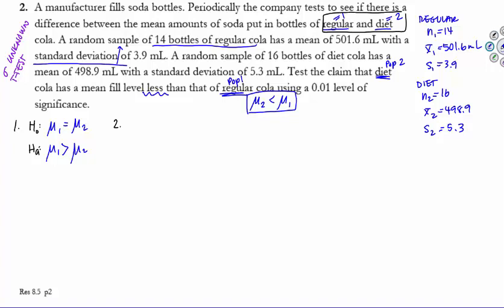Second thing to do is calculate the test statistic. That's a t-test statistic. It's x1 bar, 501.6, minus x2 bar, 498.9, divided by the square root of the sample standard deviation 1, 3.9 squared, divided by sample size 1, 14, plus the sample standard deviation 2, 5.3 squared, divided by the second sample size, 16.